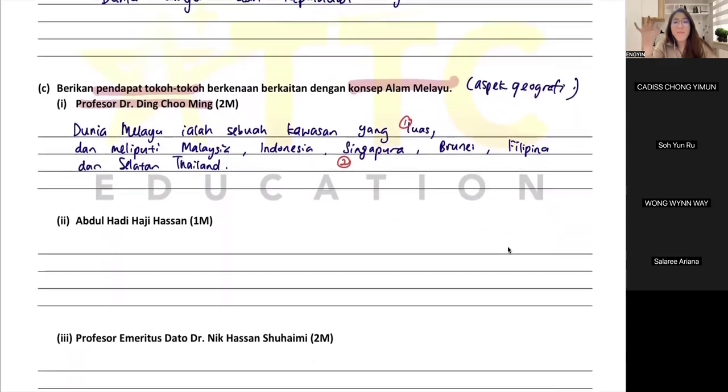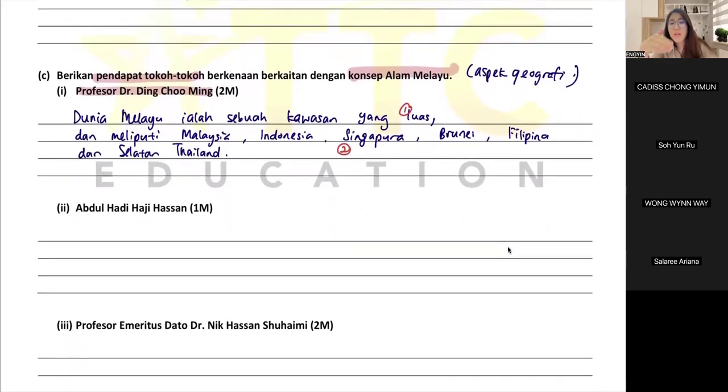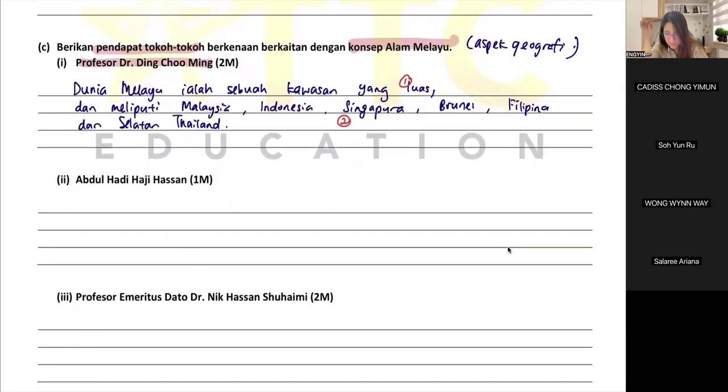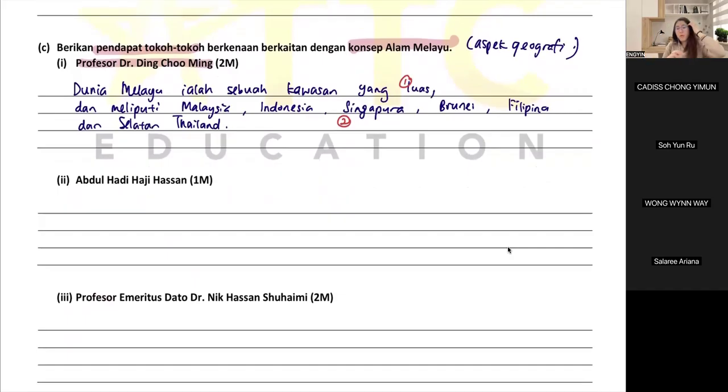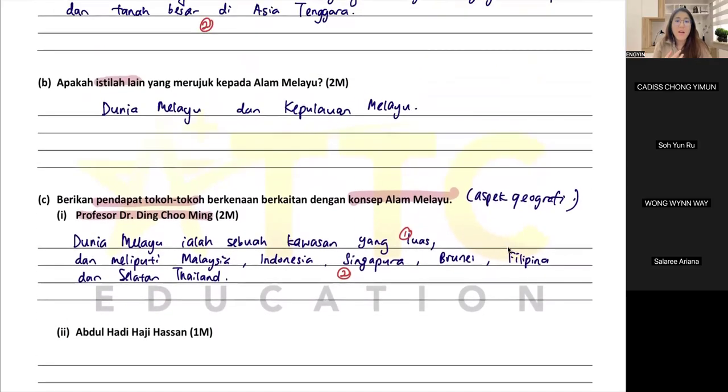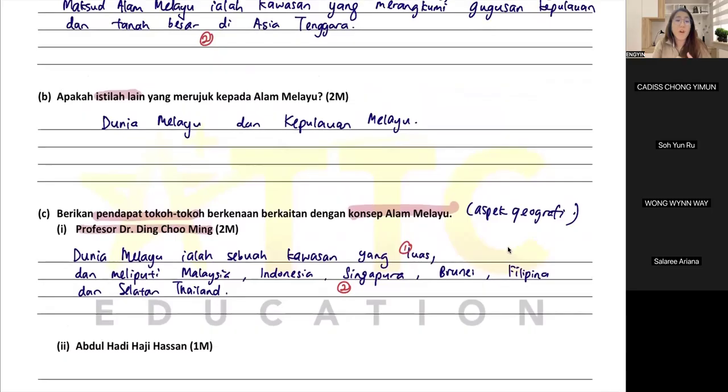So let's say, while you're doing this question, you actually don't remember what Abdul Hadi Haji Hassan said. And you don't remember what the Suhaimi professor said. You don't remember all these things. So what I will do is, guys, let me be honest with you. Last time when I was young, as I told you, I realized that I'm not a reading person.